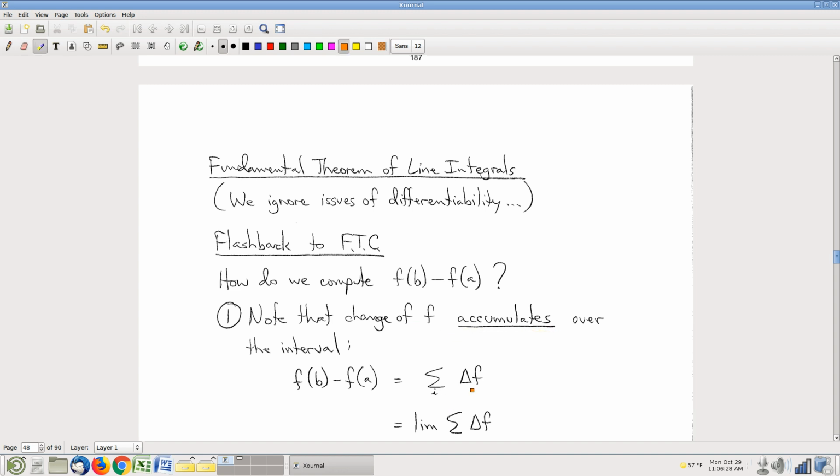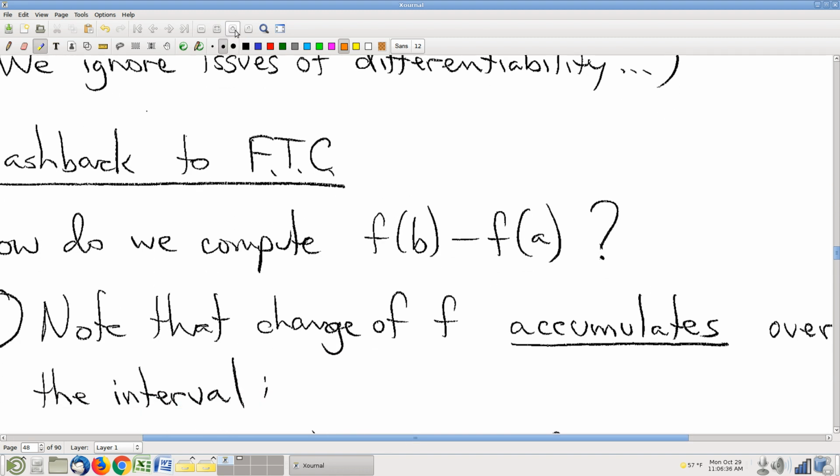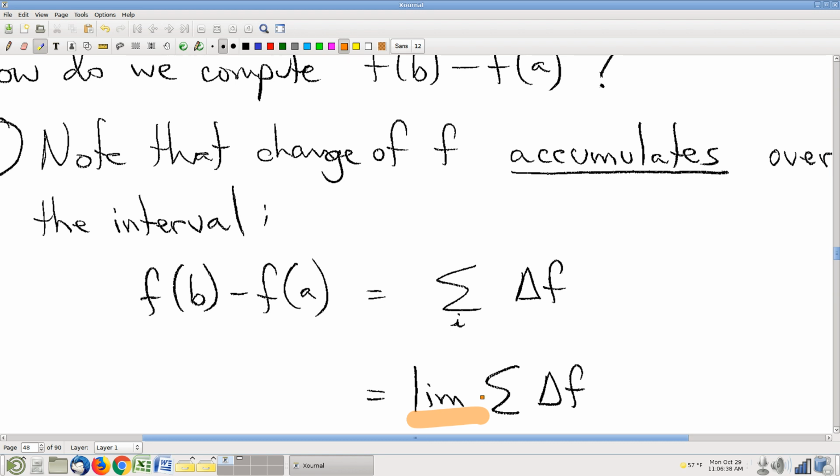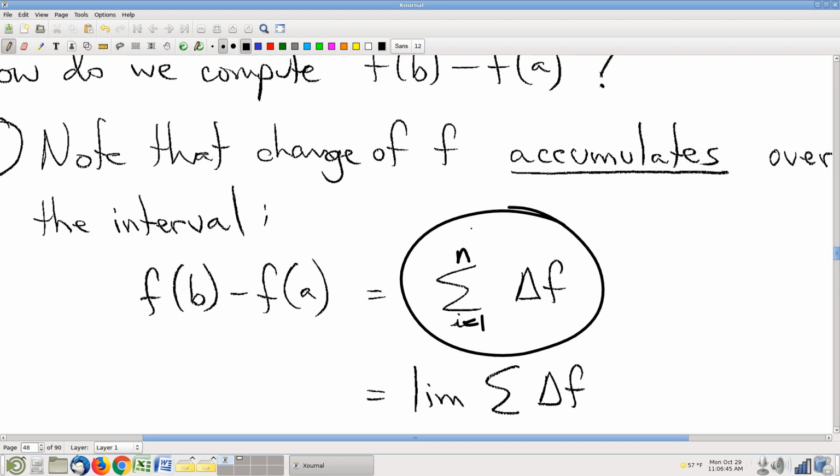And now I'm going to throw a limit out front because that's free. Let me explain why that's free. We have this expression here, and let me zoom for focus. We're adding up, i goes from 1 to n. We're chopping up the interval into n different pieces. For every value of n, we get exactly the same value here.